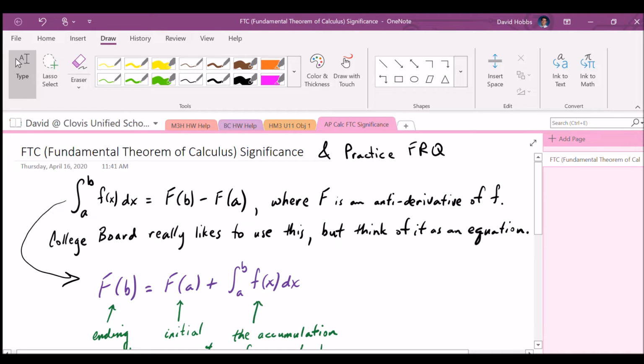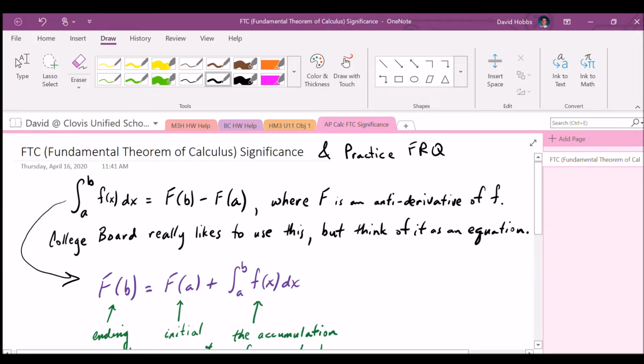So here's the fundamental theorem of calculus that they really like to have show up a lot. It's the one for definite integrals. If we have the definite integral from a to b of f of x dx, it's equal to big F of b minus big F of a, where big F is an antiderivative of f.